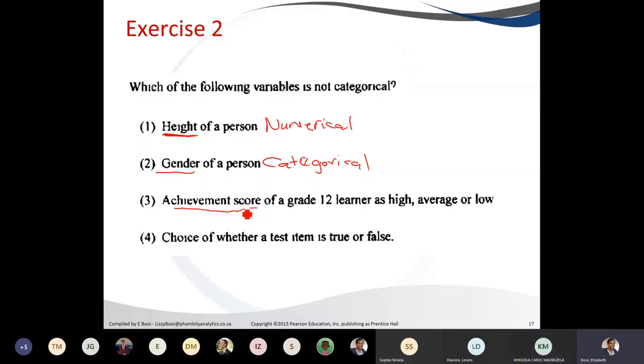Usually, your score will be numerical, but because of the added information that extends it, it makes this categorical. And the last one, the choice of whether a test item is true or false. It's also categorical.